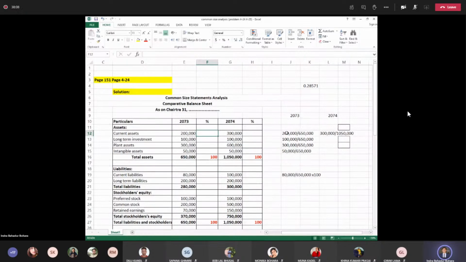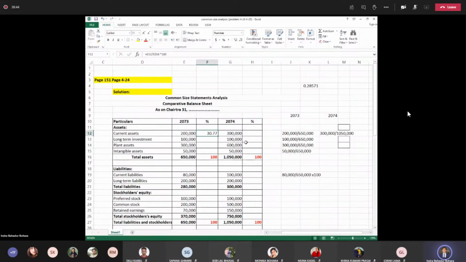So what percentage is it? 2 lakh divided by 6,50,000, multiplied by 100, is 30.77 percent, rounded off to two decimal places.